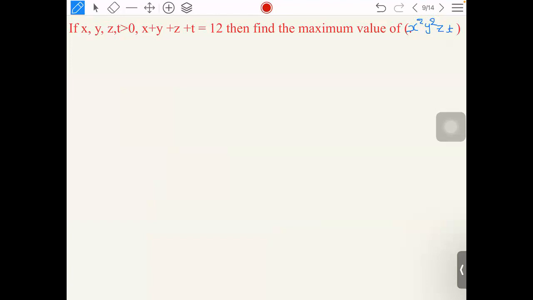Apply the same concept that we have learned today. Here there are four variables x, y, z, and t, and we need to find the maximum value of x square, y square, z, t.